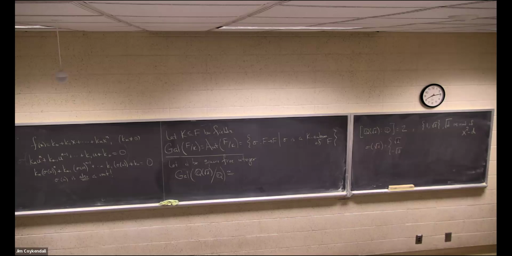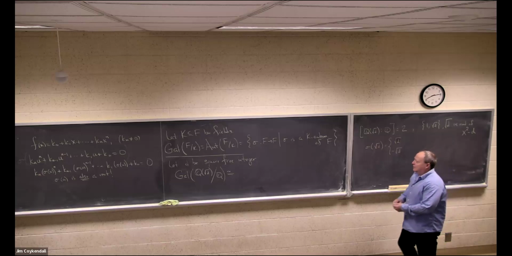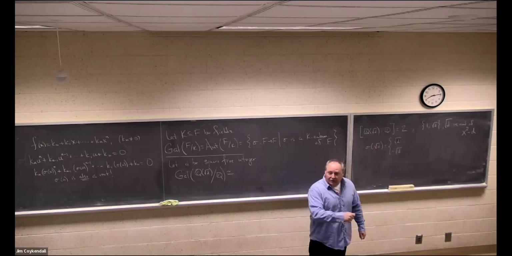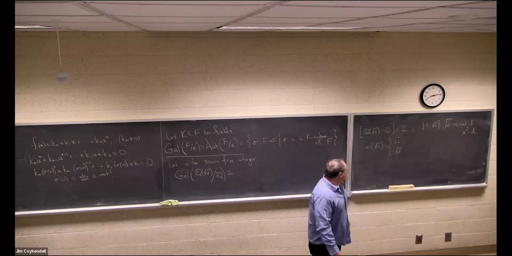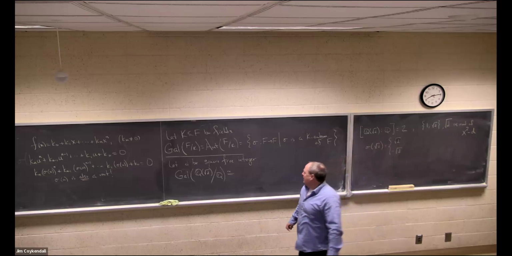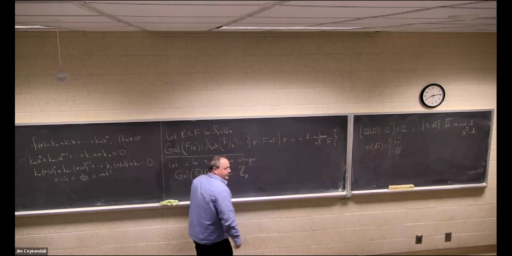So you actually have 2 automorphisms, the identity and the conjugation automorphism. Applying conjugation twice gives you the identity, so this is isomorphic to C2.